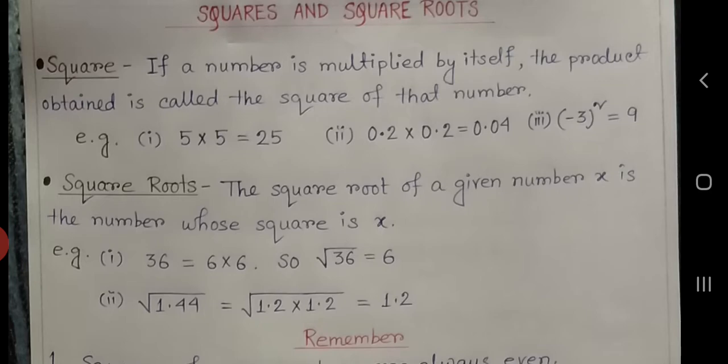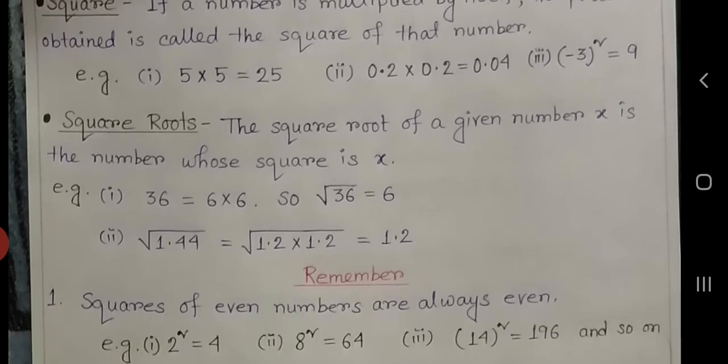You all know 36 equals 6 into 6. So this means that 6 is the square root of 36. That means if we multiply 6 with itself, we shall get the result 36.